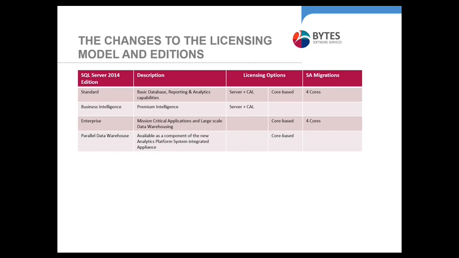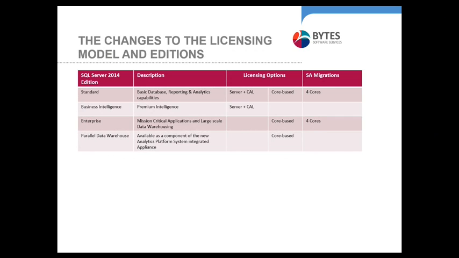First and foremost, Standard Edition maintains its ability to be licensed in the server CAL model, but it is now available under the new per core licensing metric under both 2012 and in today's 2014 guise.